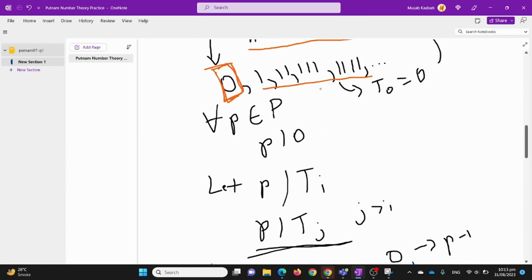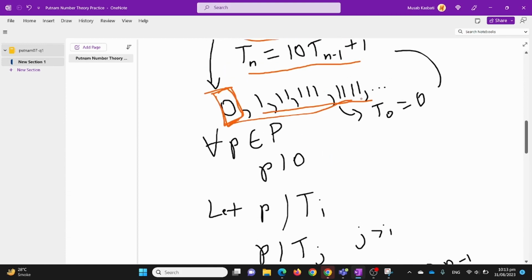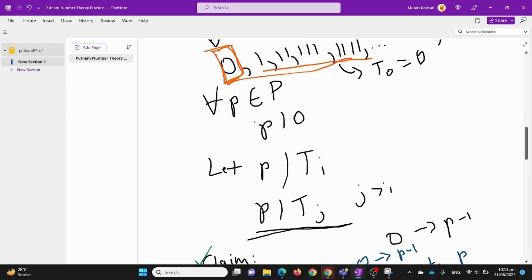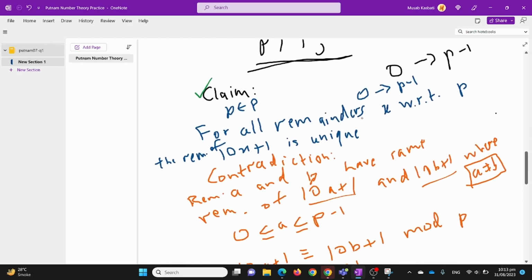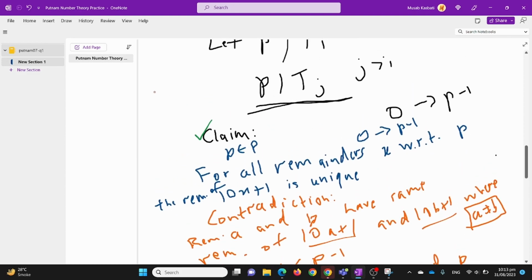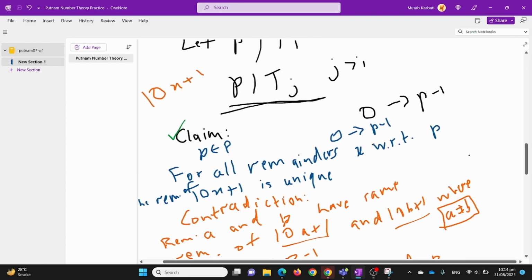Okay, so I know that proving it for this series is good enough. I already know that all primes divide at least one number from this series, and then I go on to show that if a number has a remainder with respect to a prime, then applying this function of multiplying that remainder by 10 and adding 1 will give me a new remainder.